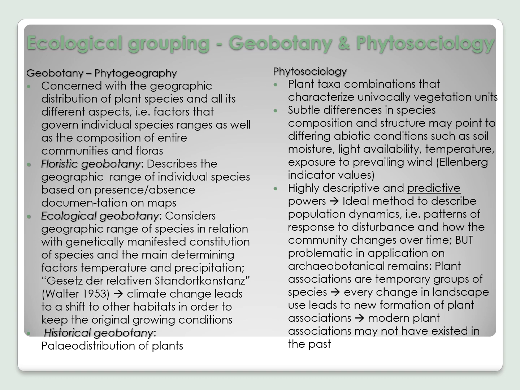While geobotany is concerned with the geographic distribution of plant species, that helps the archaeobotanist to understand the environmental factors that explain why a species is found in a site, phytosociology is a key to understand why different plant species occur together and is also based on ecological requirements of plant species.